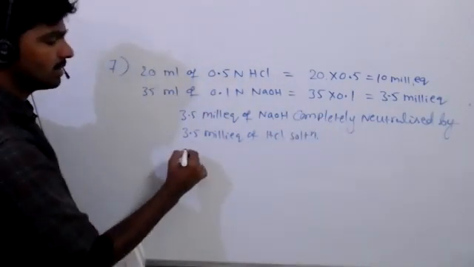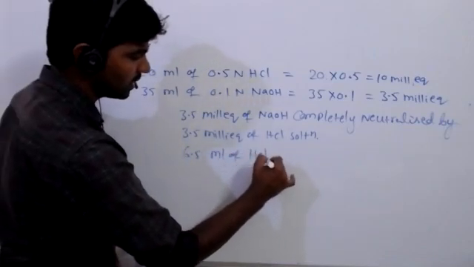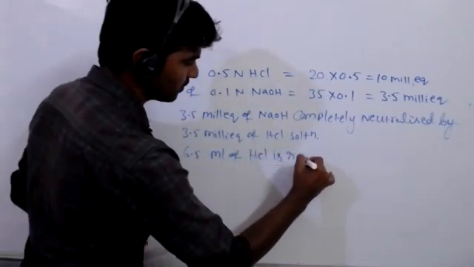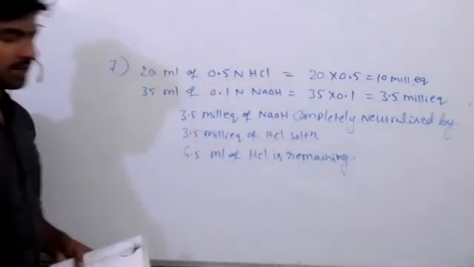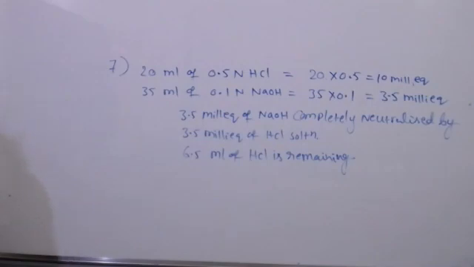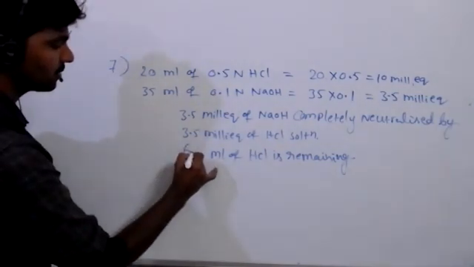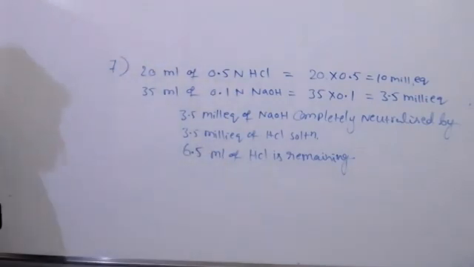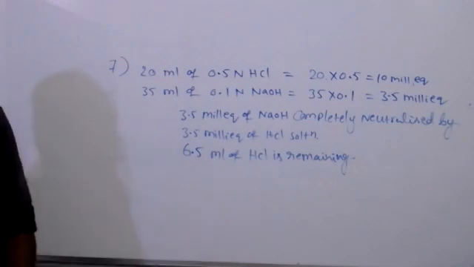Then still 6.5 milli equivalents of HCl is remaining. So it means the solution is what? Acidic or basic? What is the solution nature? HCl is remaining, this is the excess reagent. So the solution is acidic in nature.